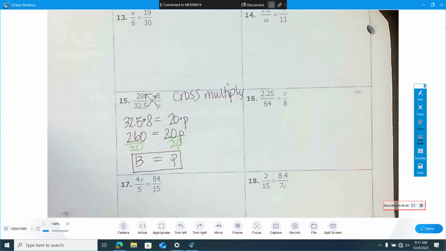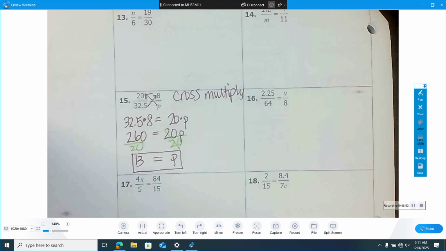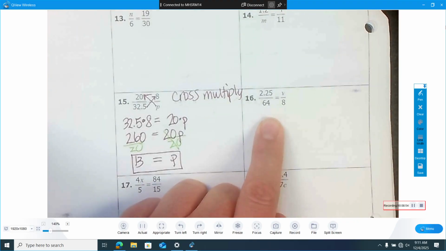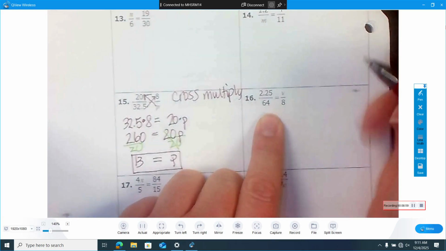All right, number 16. How do we solve a proportion? Cross multiply. Very good. And what should we multiply?